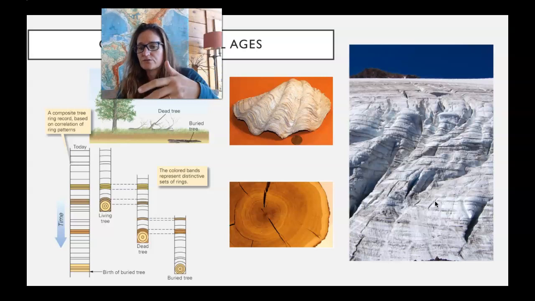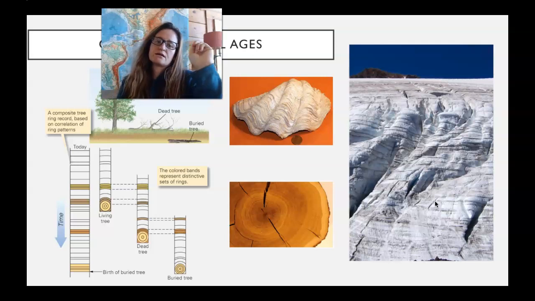We can count those and come up with a stratigraphy in that glacier. Then if there's a layer that has a distinct ash horizon, you can date the minerals in that ash, and it could be from a volcanic eruption. So you can get good dates from the layers in a glacier.